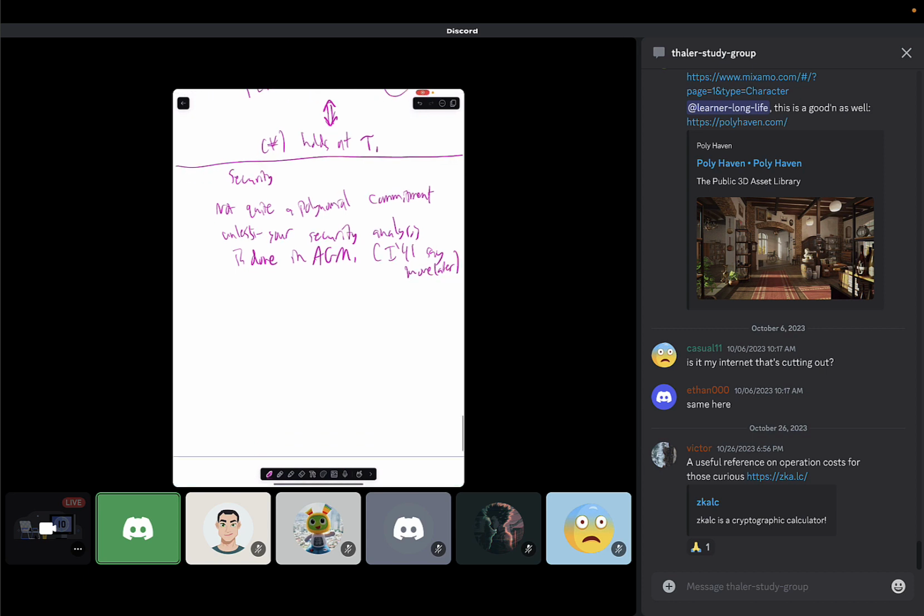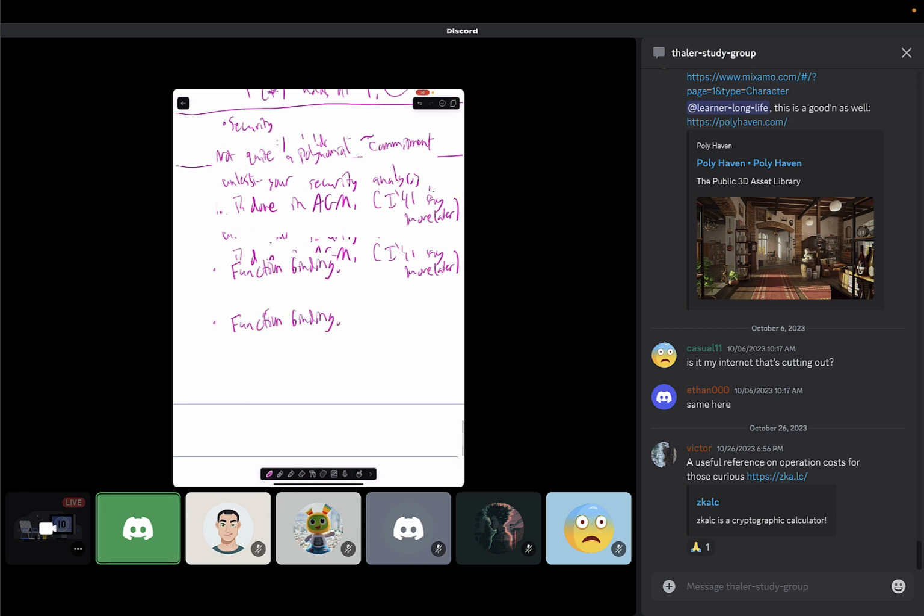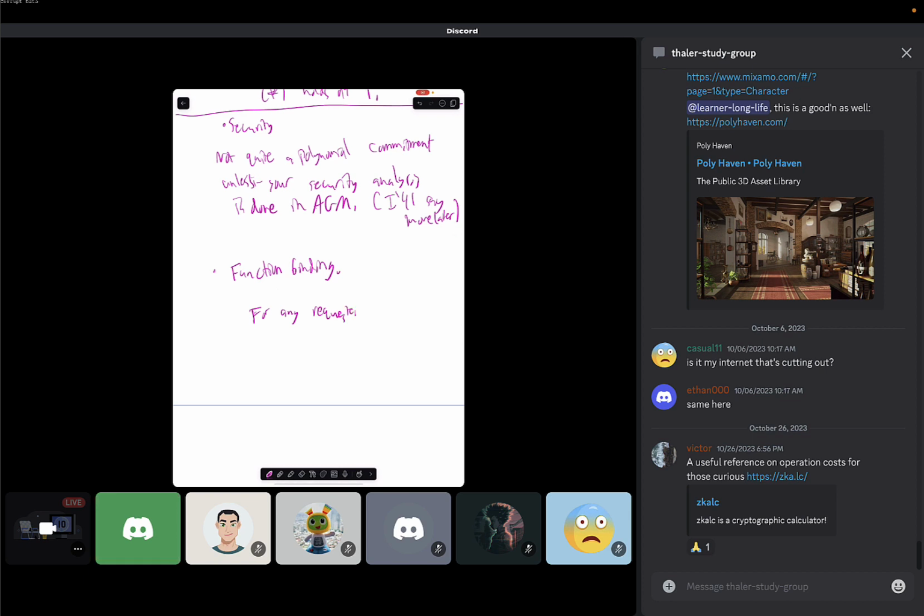Based on standard assumptions in a non-idealized model, the scheme I just gave you satisfies what I call function binding. Basically, once the prover commits to P, for any requested evaluation point R, there's at most one value V such that the prover can produce a convincing evaluation proof.